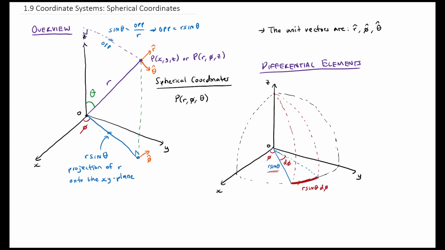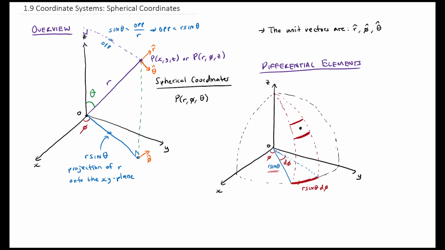Now our point P was elevated, so if I consider this to be our point, the center of our wedge, we know that there is r sine theta d phi over here.